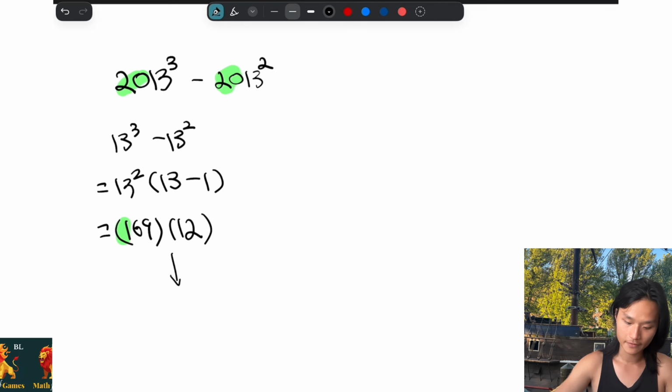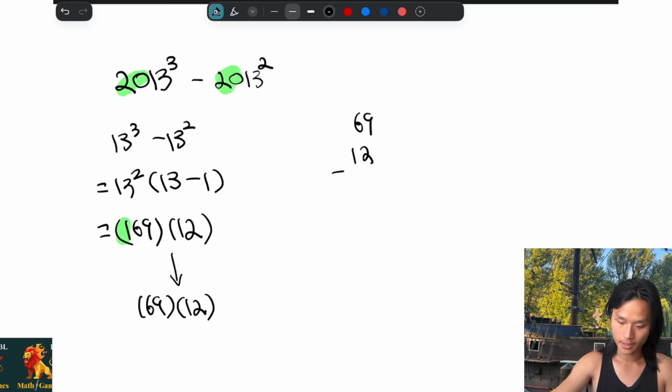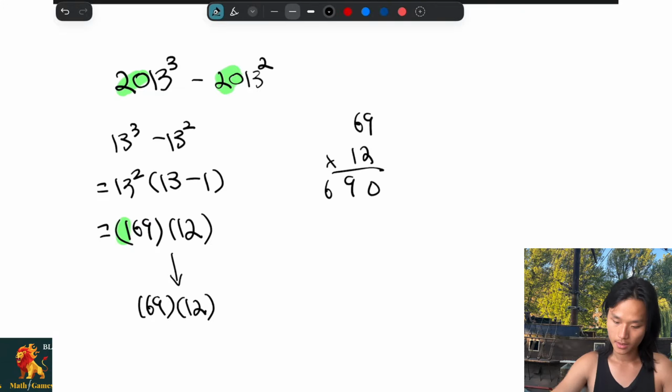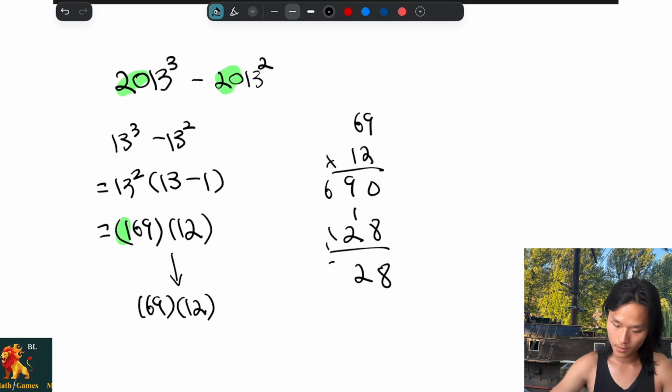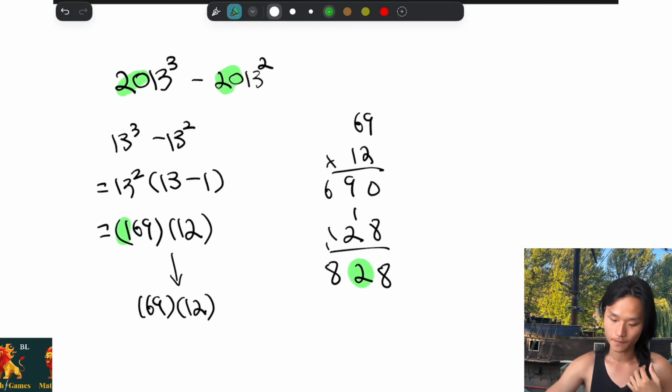And now we just have to calculate 69 multiplied by 12. So let's do a calculation. 9 times 2 is 18, and so on, so we get 828. So that means that the tens digit of our expression is 2, right?